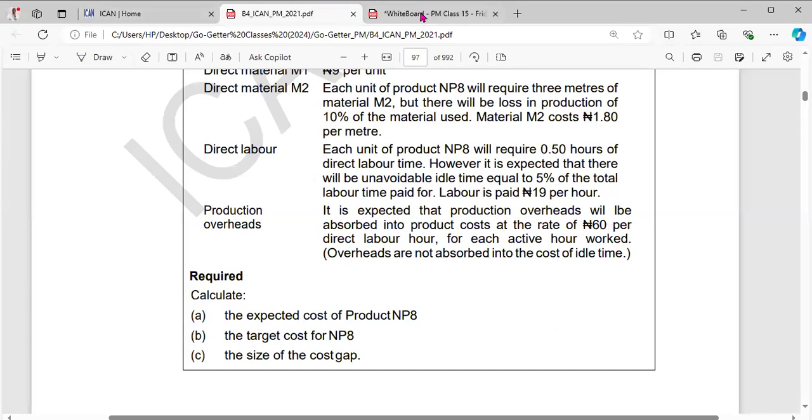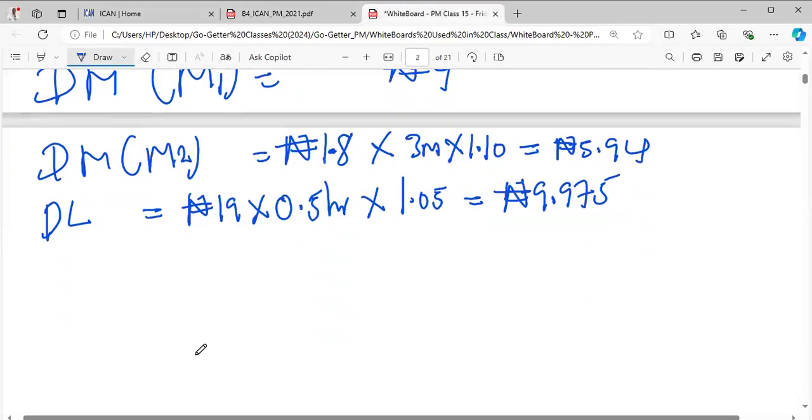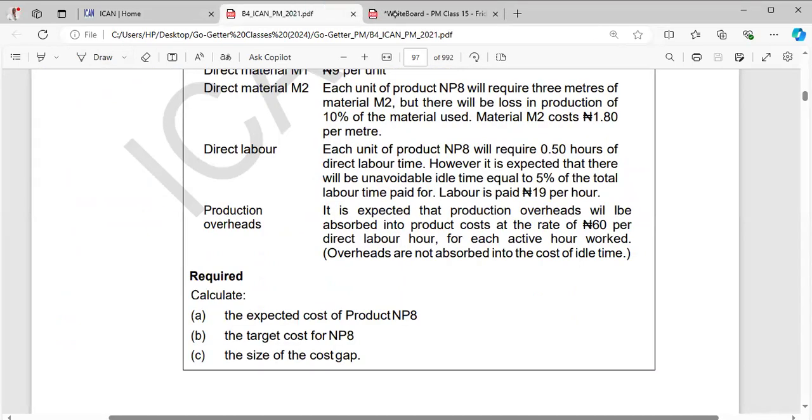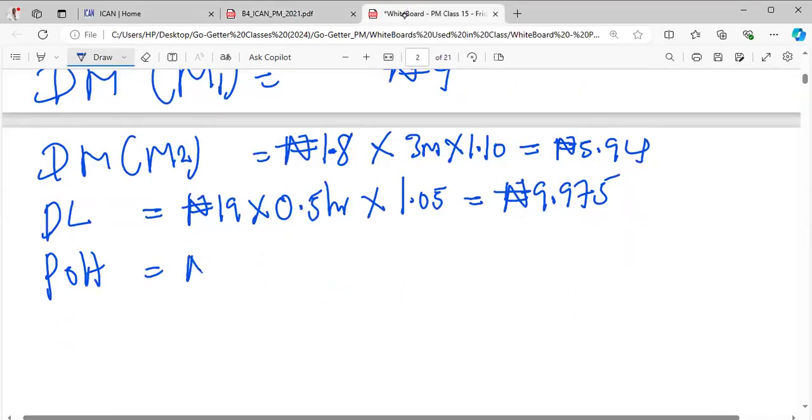So 60 naira. So you say production overhead, I'll call it POH. How much is it again? 60 naira multiplied by the active hour.